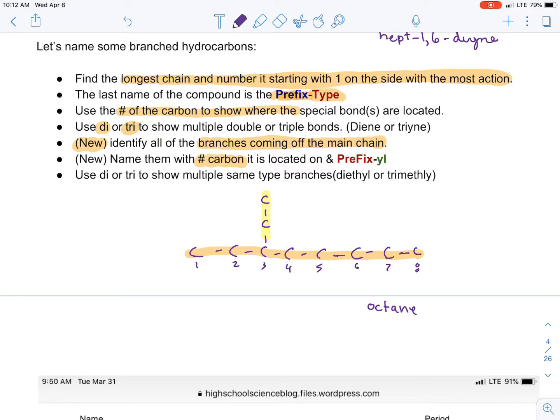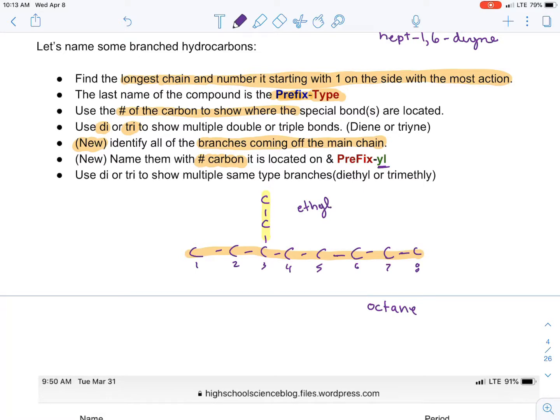Okay, then off that third carbon, I have 2 carbons branched off, right? So remember 2 was eth. But we're not going to say it's ethane this time because ethane means a long chain. Instead, we're going to use this weird little yl ending, and that means it's branched off.